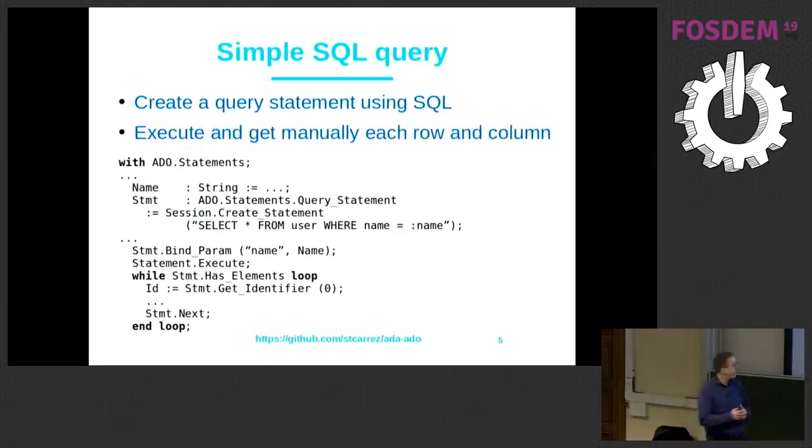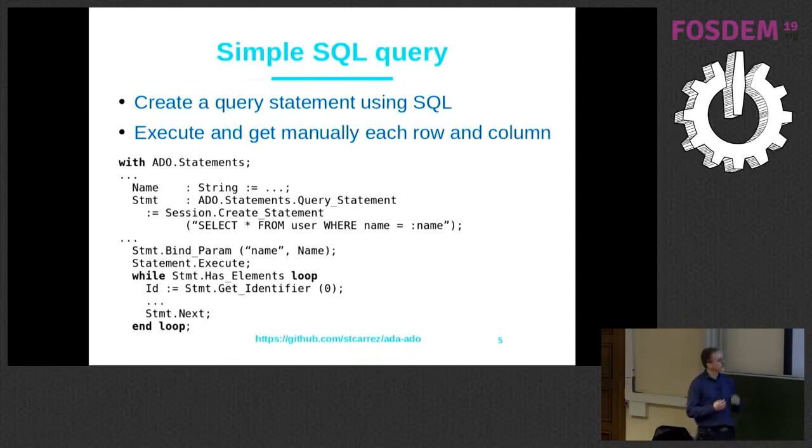So let's see a simple query. Still, as I said, it's interesting to run simple SQL queries. So what you will do with your session is create a statement. Here, for example, I will run the query, select everything from the user table where the name is a specific name that I want to search.